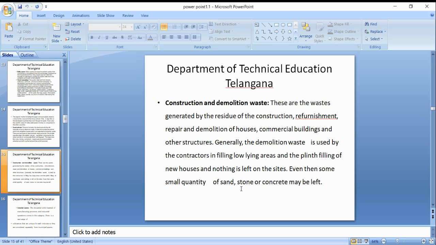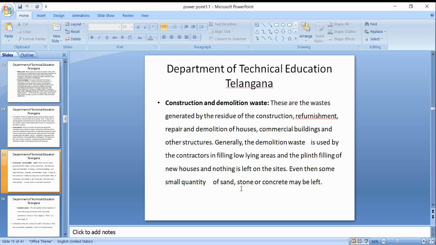So if any demolitions or repairs are there, the materials have to be taken and should be reused. Generally, the demolition waste is used by contractors in filling low-lying areas.